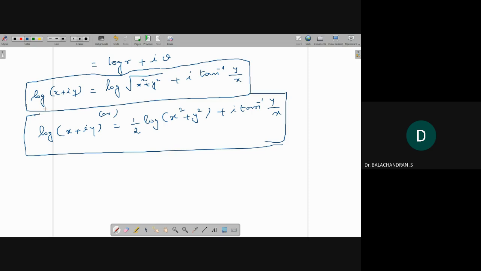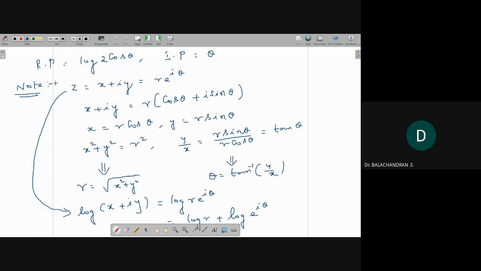Now, using this result, we can derive one more result also. This is note number 2; the previous one is note number 1.